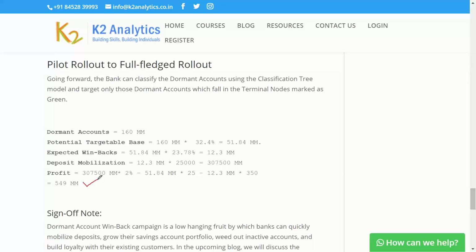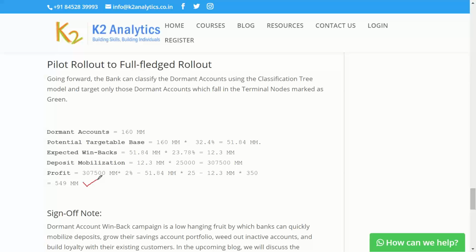Now, when they run these campaigns, if they randomly target their inactive customers, they may incur more cost than the revenue that they will be making. As such, it is very important to identify whom you should reach out to, where you are more likely to convert the customer and get the customer activated again.